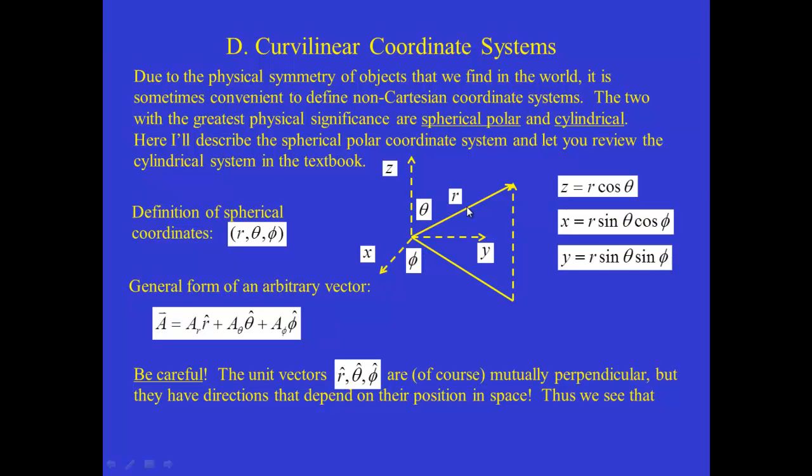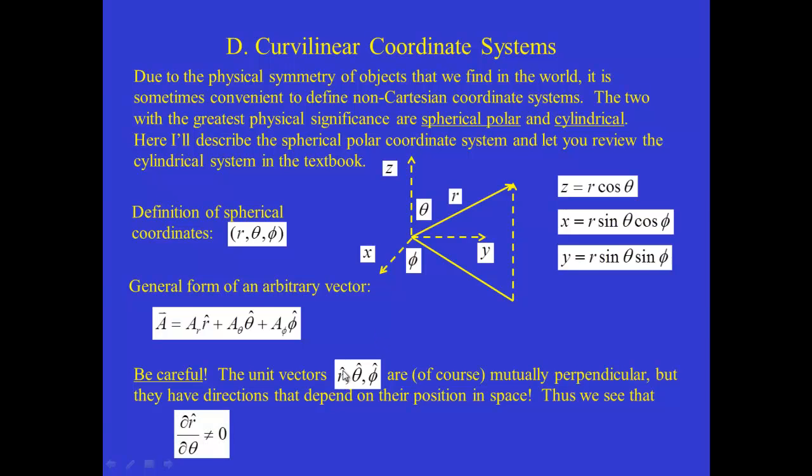So for example, at the tip of this arrow, the r hat vector will point in a different direction than it would if that point in space were over on the other side of the positive x-axis. And so motion in space changes the orientations of the unit vectors even though they stay mutually perpendicular.